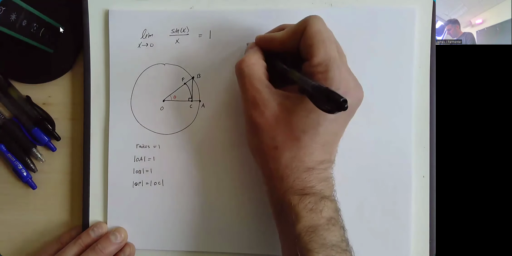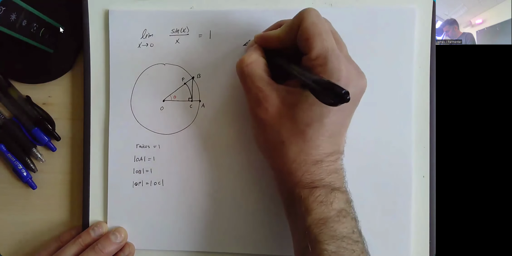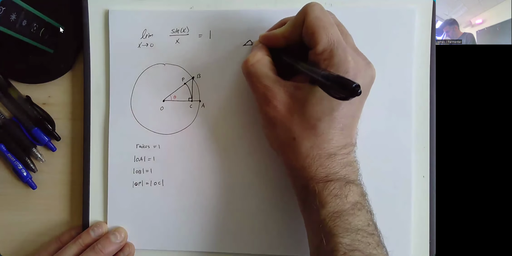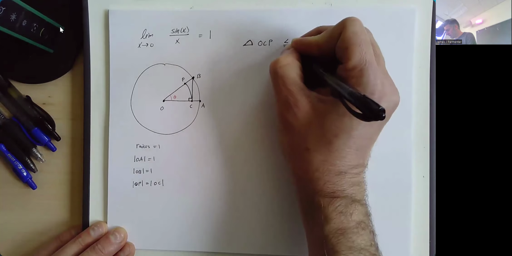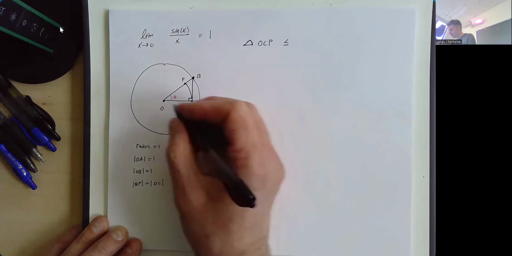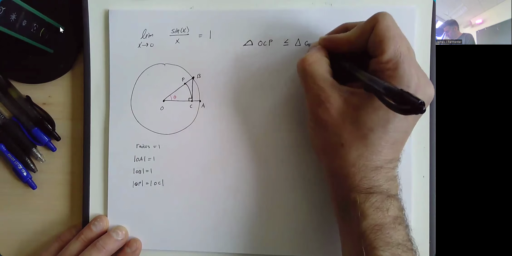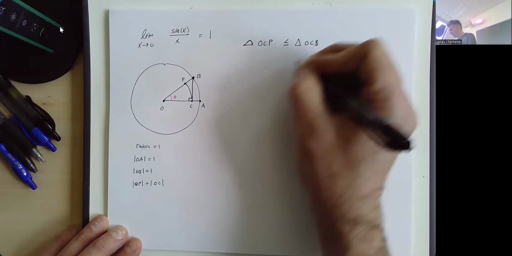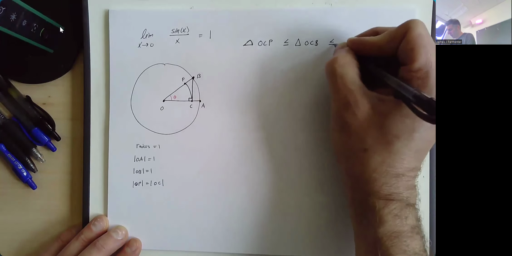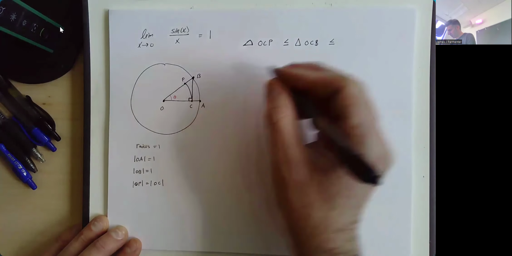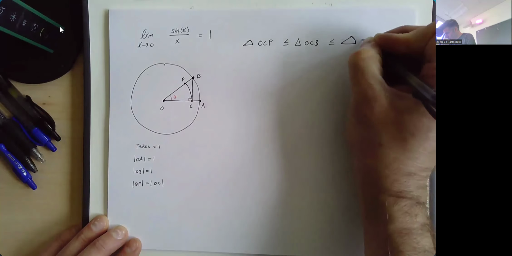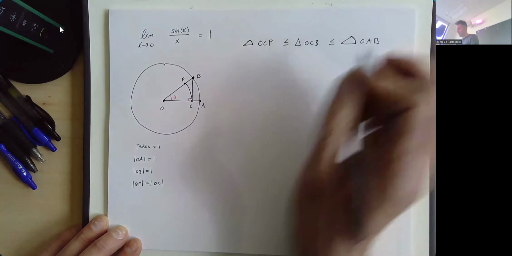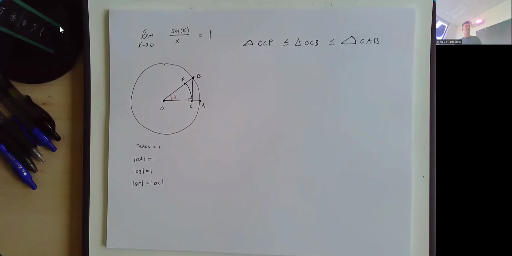So I'm going to say the sector OCP has less than or equal to the area of the triangle OCB, and that has less than or equal to the area of the larger sector OAB. I try to make my sectors look like pieces of pie and my triangles look like triangles.